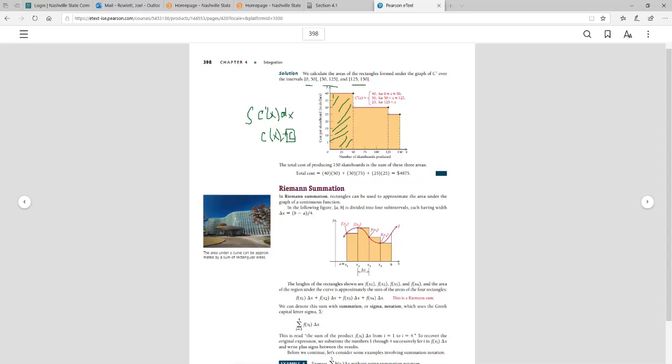So the area of this first rectangle is going to be 50 times 40. That gives us the cost of the first 50 skateboards. And then if I want to know the total cost of producing between 50 and 125, that's going to be 75 multiplied by 30, that's the cost in that region. And then if I go from 125 to 150, that's going to give me 25 times 25, right?